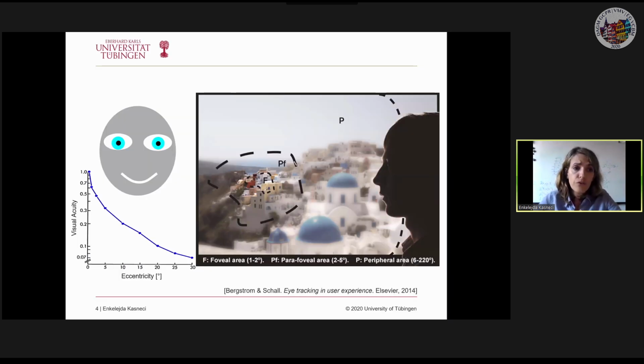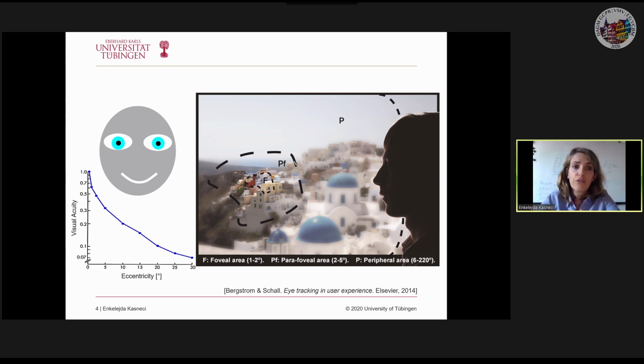For those of you in the audience who have not worked with gaze so far, I just want to give you a little background on why this works and why we can retrieve more information from our visual search behavior. Because of some physiological restrictions, we're able to perceive information very sharply only in a very small area of our visual field called the foveal area, which has an extent of 1 to 2 degrees.